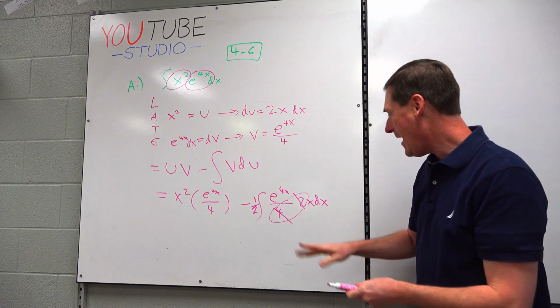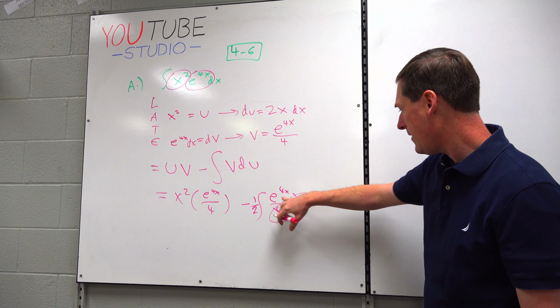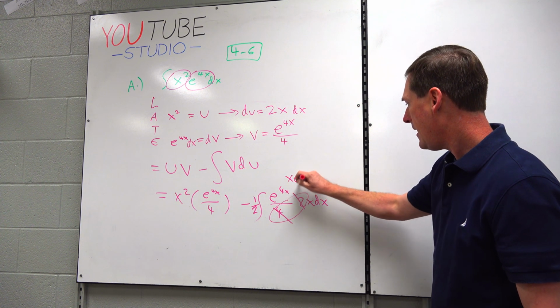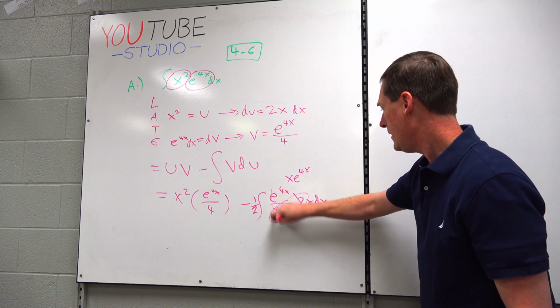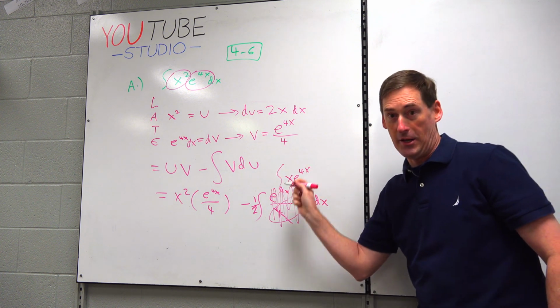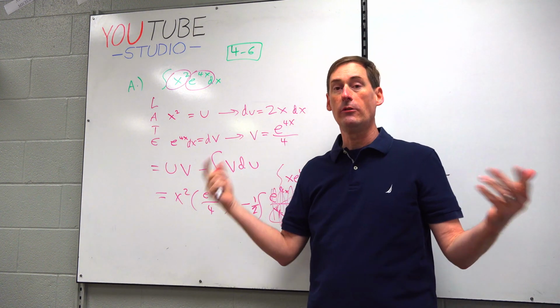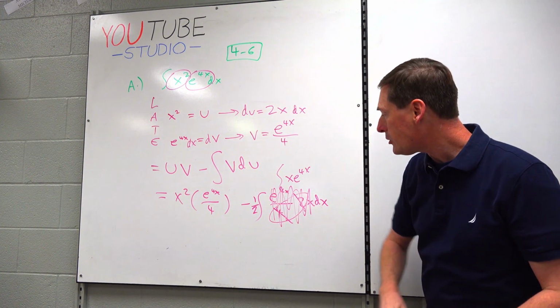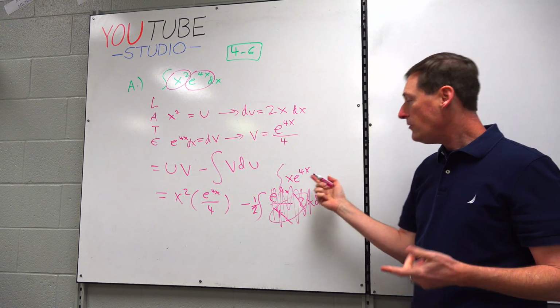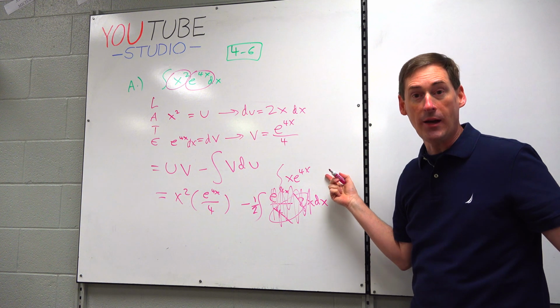Okay, so now let me clean this up a little bit. What is this? This is x and then e to the 4x, right? X e to the 4x. So let me just, because I made a mess in there, put that. Okay, this is what we're trying to integrate right here. So remember, you just do uv minus integral v du, you do your integration by parts, you get down here, and then this has already been integrated, so you just have to integrate this and you're done, right?